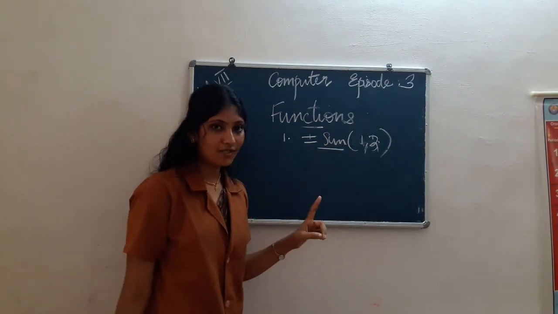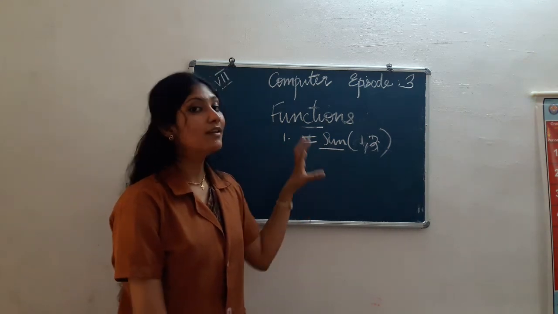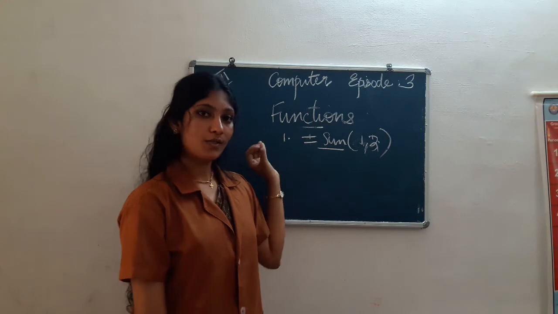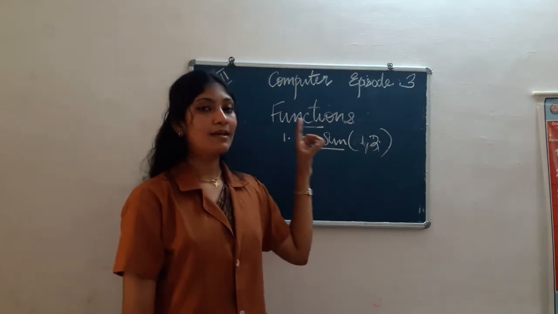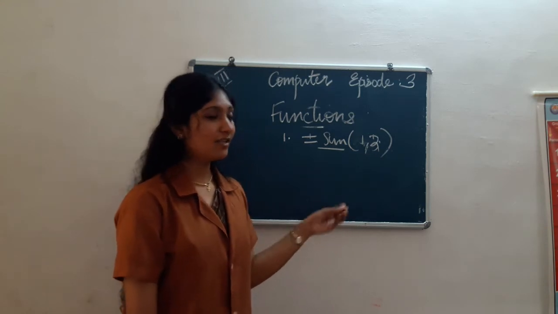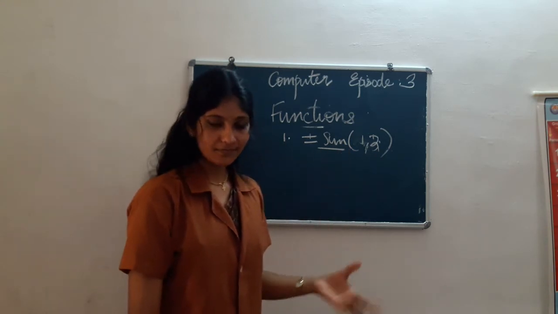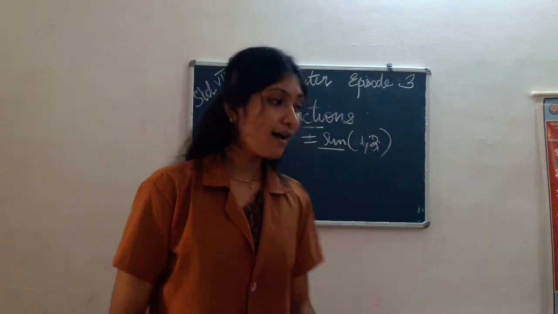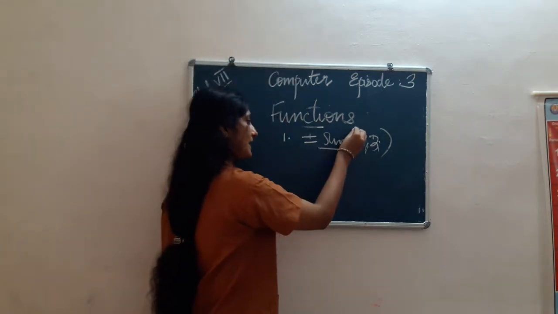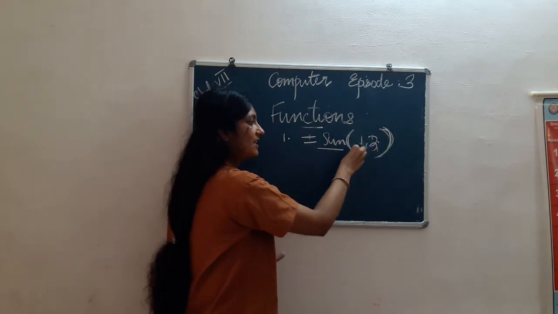So, how to enter a function. The first step is that all functions begin with the equal to symbol. The second, parentheses are used for opening and closing of the function sum, or whatever function you want to find. The third is that arguments are put inside the brackets.